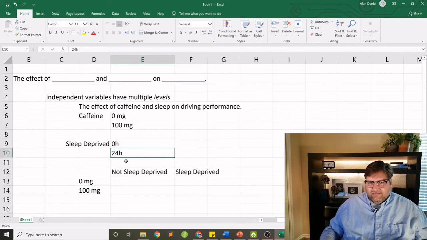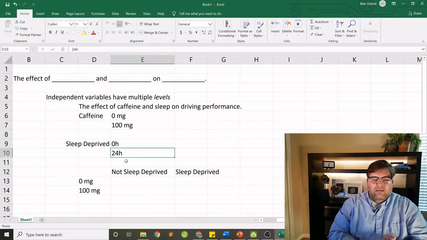In this case, you can't explain the results based purely on what we know about caffeine or purely on what we know about sleep deprivation.